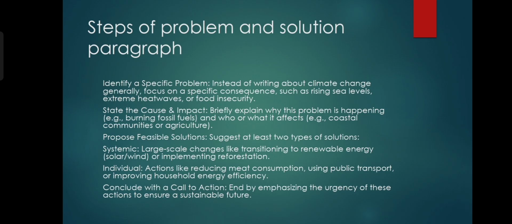Propose feasible solutions, suggesting at least two types of solution: systemic, large-scale change like transitioning to renewable energy, solar or wind, or implementing reforestation; and individual action like reducing meat consumption, using public transport, or improving household energy efficiency.